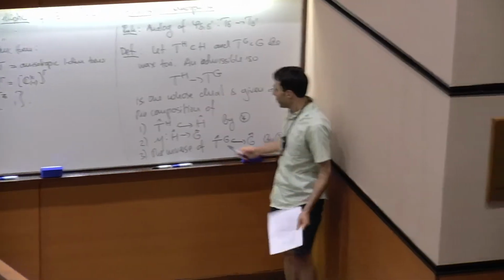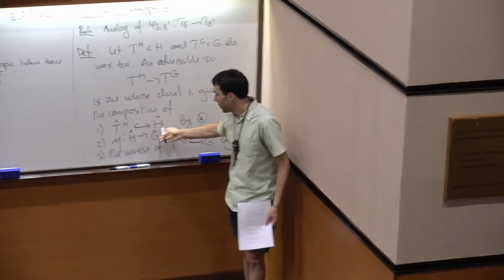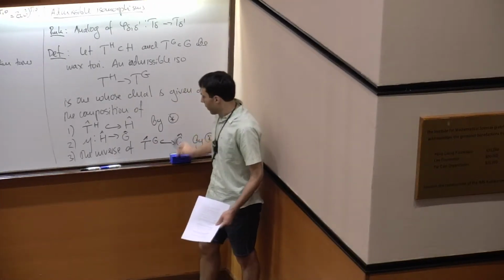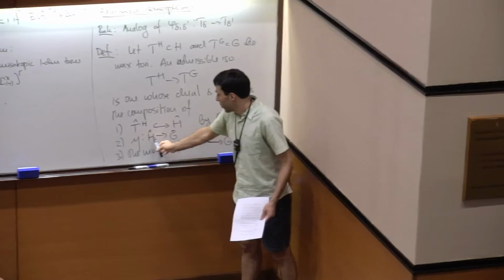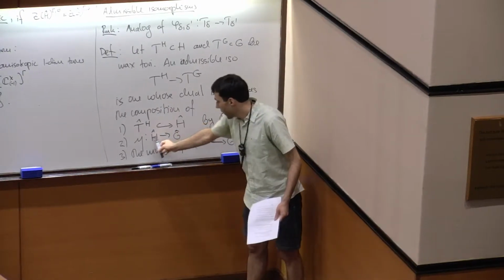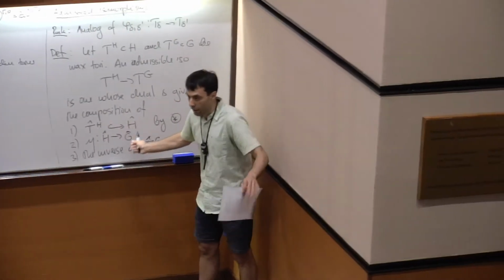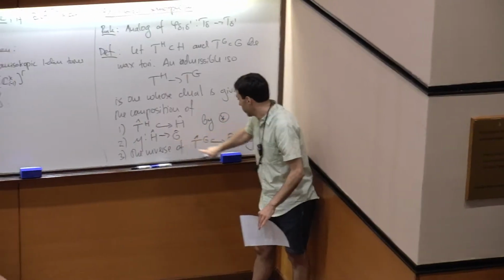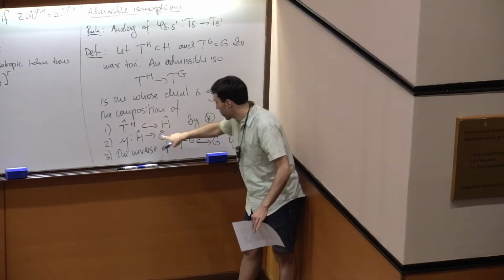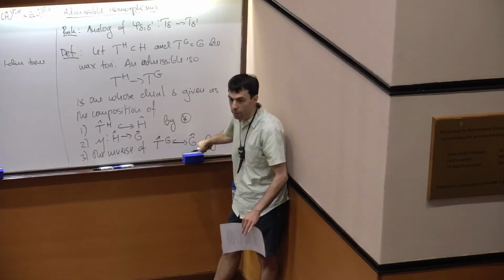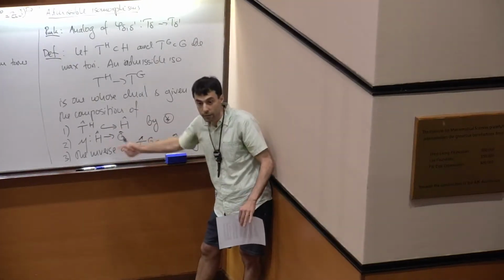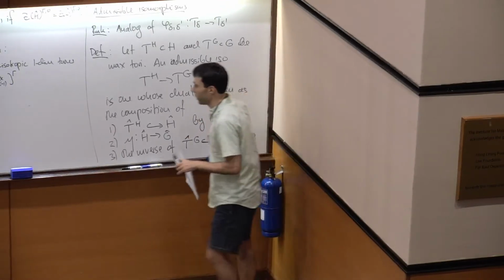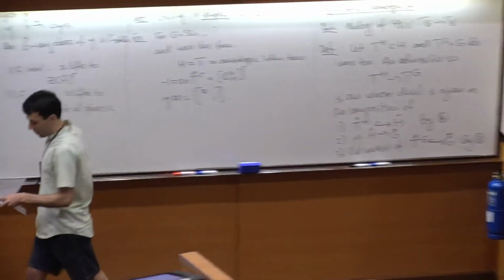You can embed the dual of TH hat into H hat, the dual of TG hat into G hat, and then you can transport TH hat from H hat into G hat, and then arrange things so that the image of this composition matches the image of that composition, so that you can invert and go back. Now this is what an admissible isomorphism is.